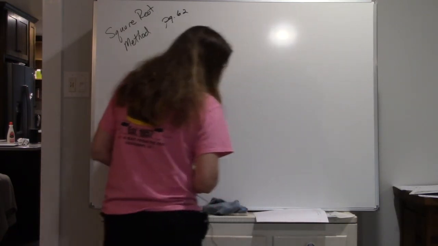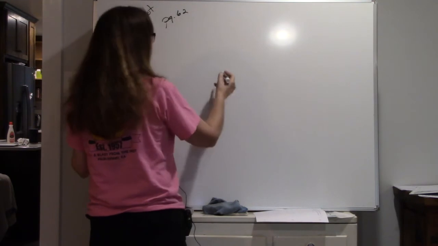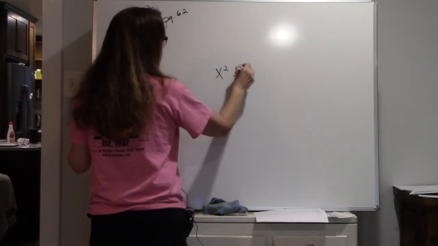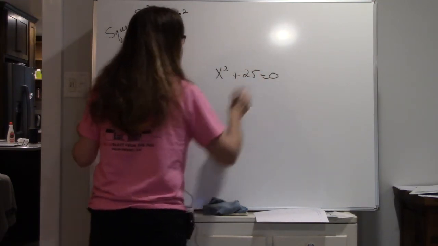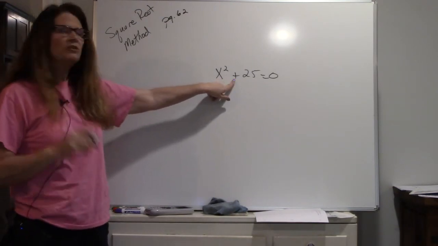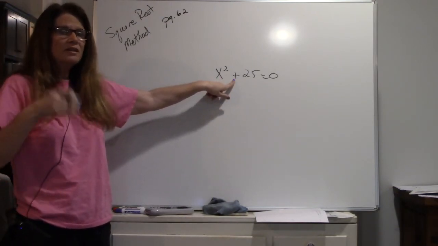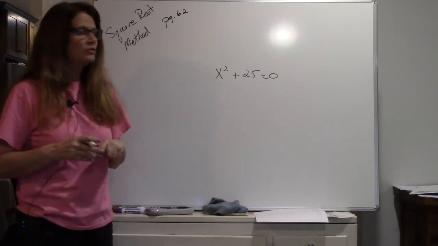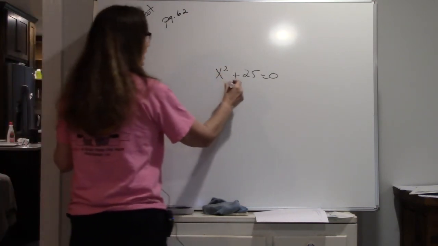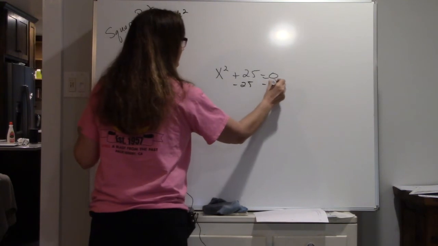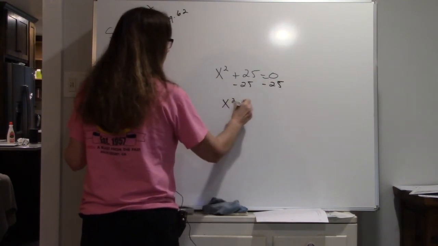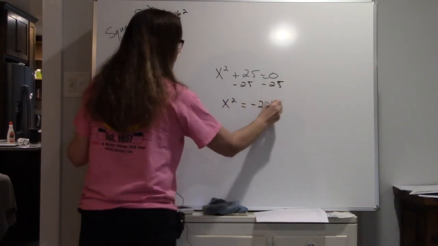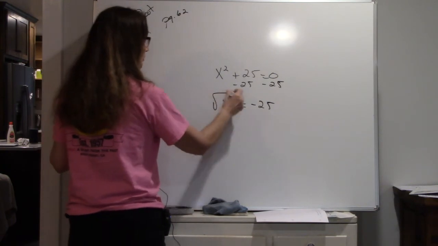All right, so number 13 is x squared plus 25 equals 0. Remember, you cannot factor. This is not the difference of 2 squares, this is the sum of 2 squares. Cannot factor that. So with this one, you're going to have to move your 25 over. So I have x squared equals negative 25. Then I'm going to square root both sides.